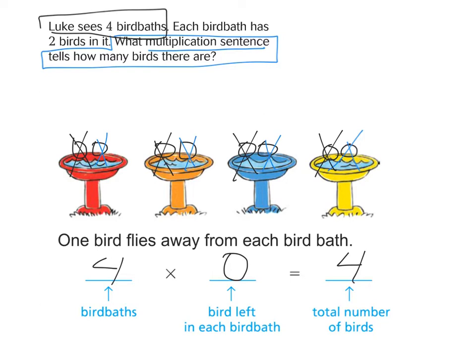So how many birds are there total now? Well, there's none here, 0, and 0. So this would have to change as well. There are 0 birds.